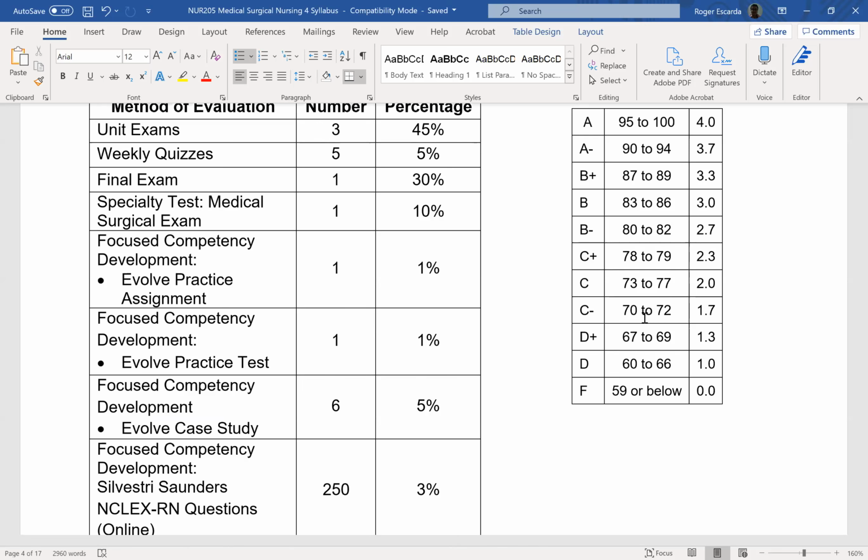For case studies, just do them, and no need to submit anything to me. Same thing for these two here. I will put on week 13 because they're technically the tickets to test for the specialty.